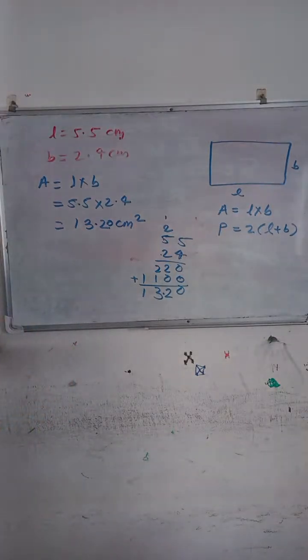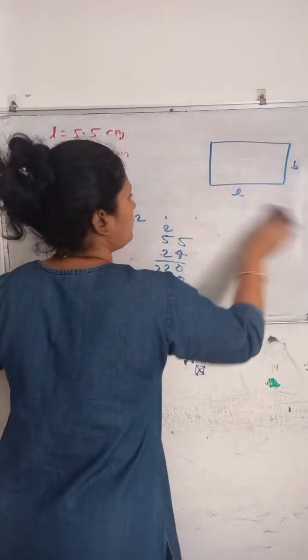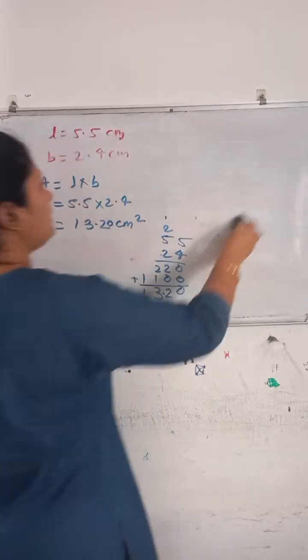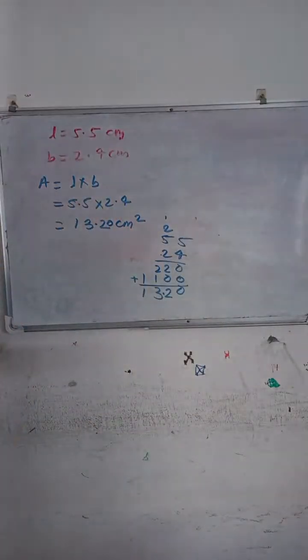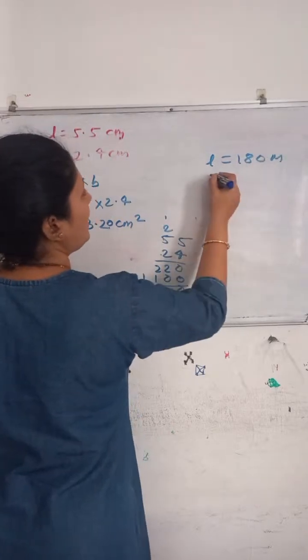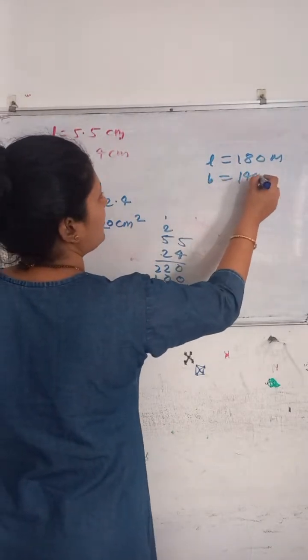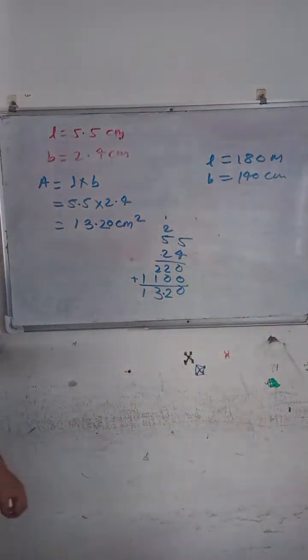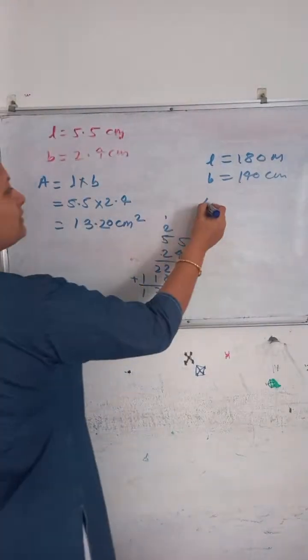Okay, second bit, write down, calculate the area of the rectangle whose length is given as 180 meter and breadth is given as 140 centimeter. Okay, calculate this area. Area is nothing but what here?